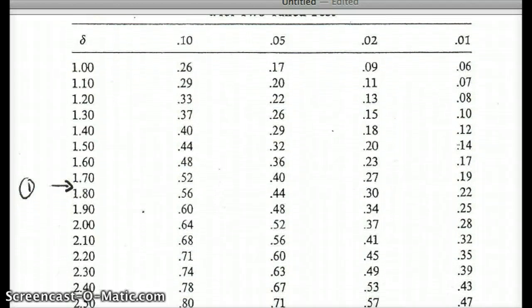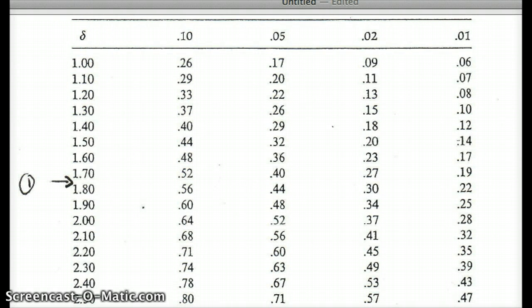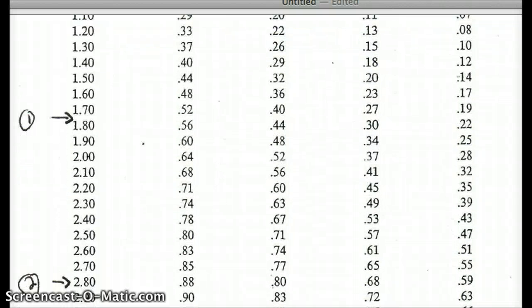So we have to find a power level of 0.80. So we go down the column and we find the power level of 0.80, and we look over to the corresponding delta, and the corresponding delta is 2.80. So a delta of 2.80 corresponds to a power level of 0.80.